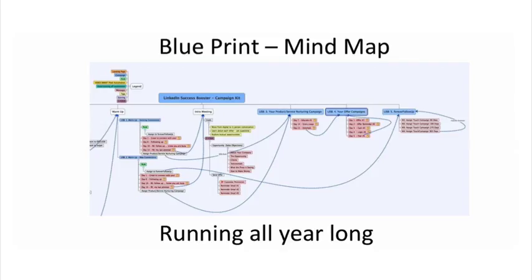Okay. And with an automated sales funnel, this is all tied together in what we call a mind map. And a mind map is a blueprint for your sales funnel running all year long. Okay, and it's got different components in it. And I know this blueprint here may look a little daunting, but it's really not.